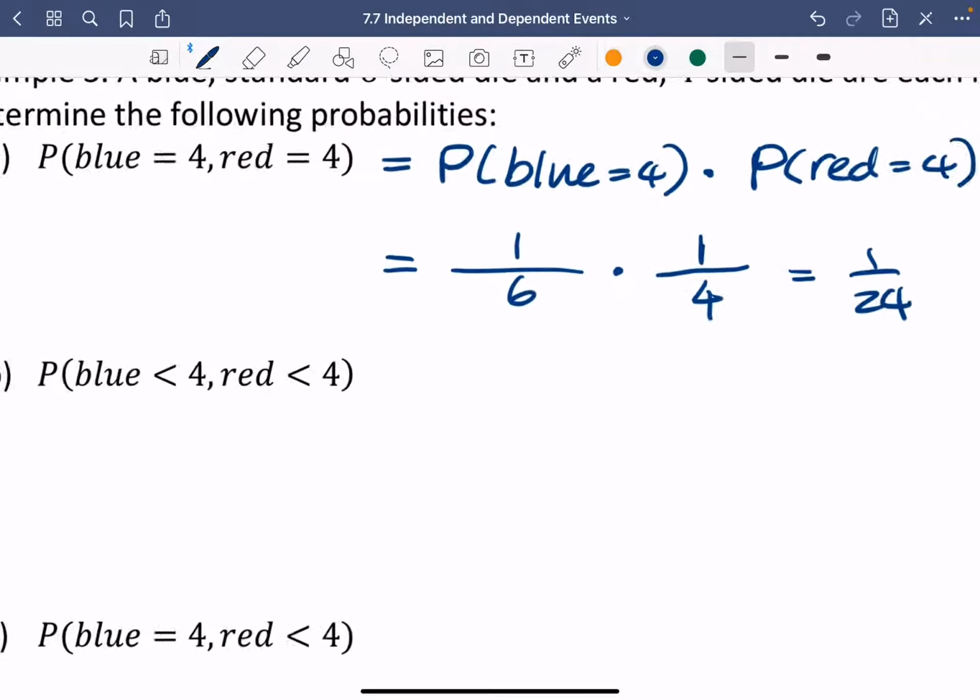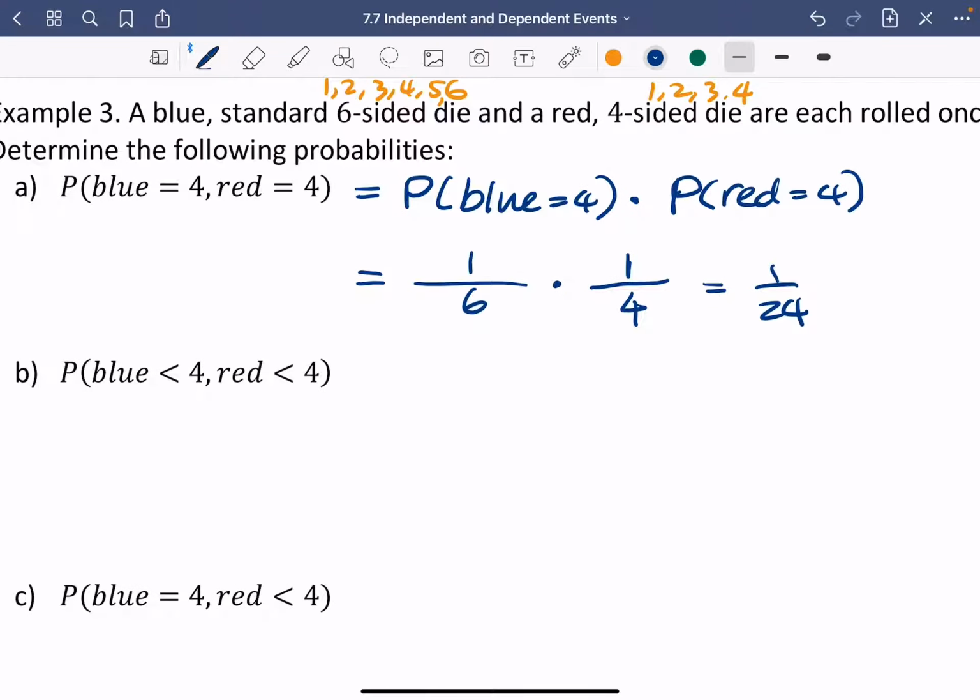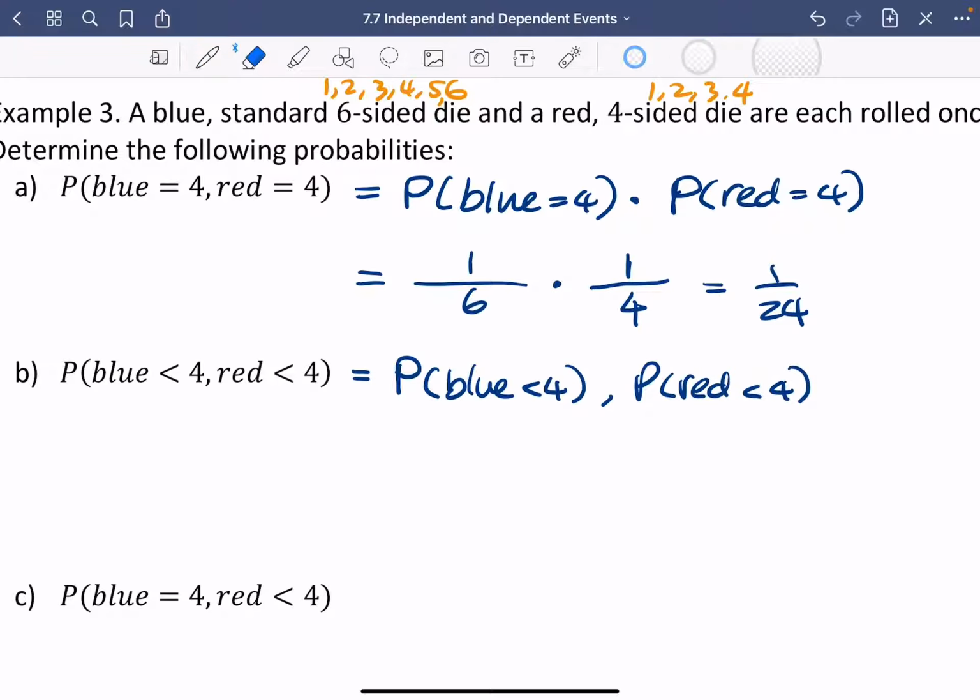Okay. The next one, the probability of getting less than 4 for the blue die and less than 4 for the red die. So that is the same thing, equal to the probability of blue less than 4 and red less than 4, times.